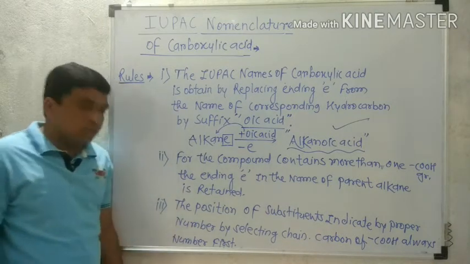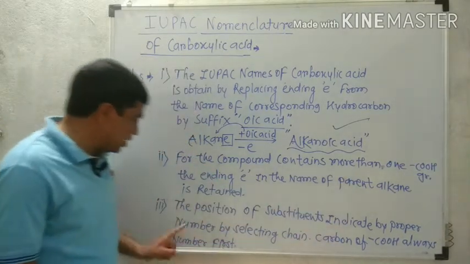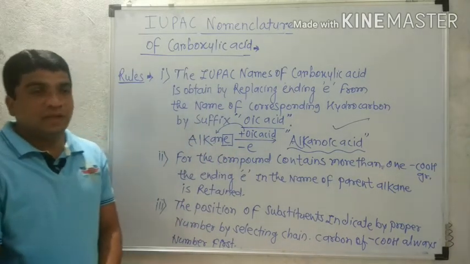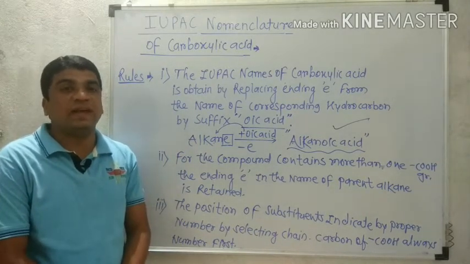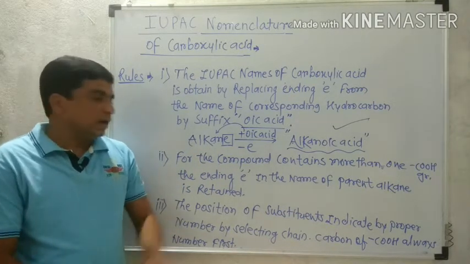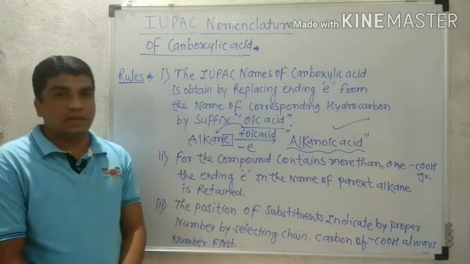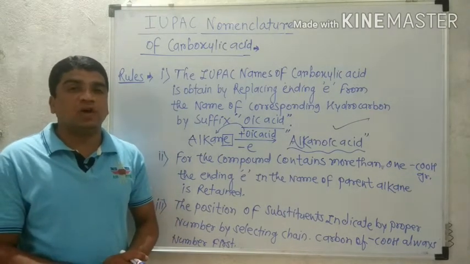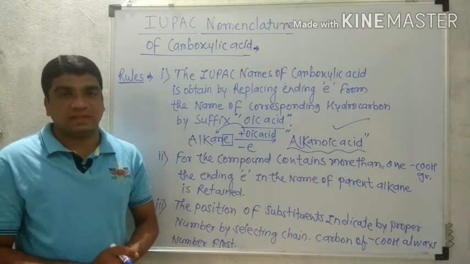Now the next rule is that the position of a substituent is indicated by a proper number. If the parent chain of the carboxylic acid contains some substituent like methyl or ethyl, indicate its position using the proper number. First of all, for this type of structure, select the longest chain of carbon containing COOH as the parent structure.